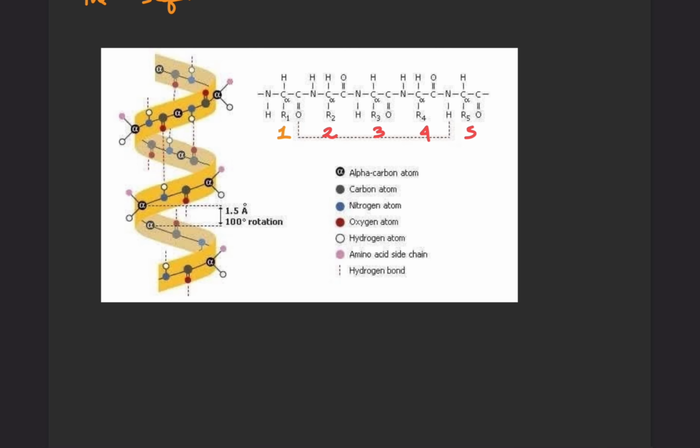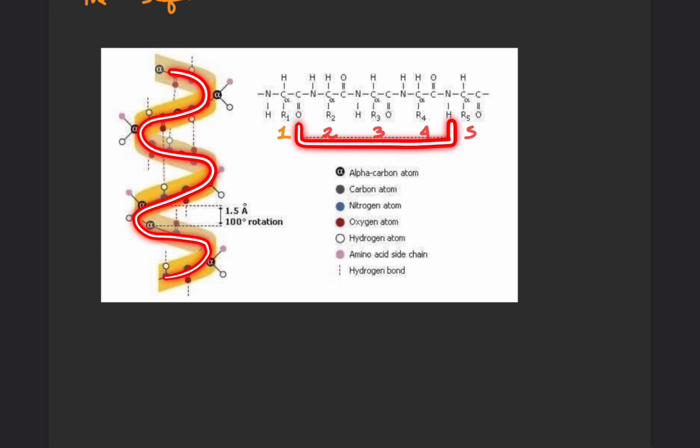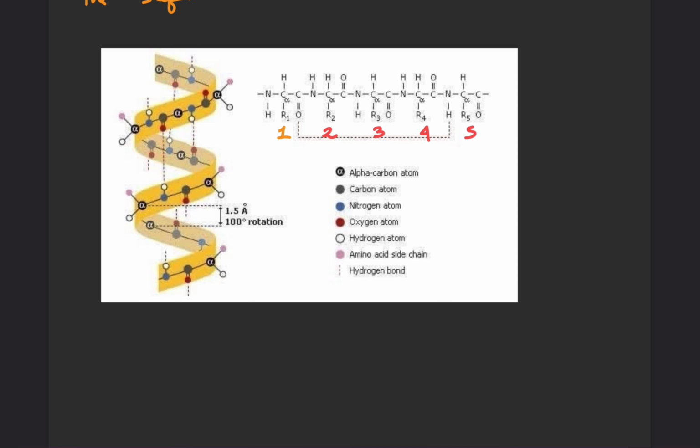a spiral structure. As you can see, they coil up because of the hydrogen bond between this CO and NH, and they coil up into a spiral structure called the right-handed alpha helix structure. So this is the right-handed alpha helix structure.